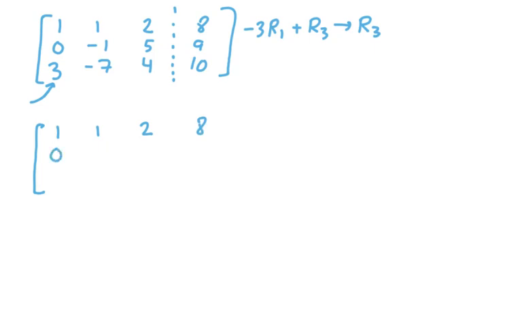The second row didn't change: 0, negative 1, 5, and 9. In the third row, I'm going to get a 0, then negative 10. Then negative 3 times 2 is negative 6. Negative 6 plus 4 is negative 2.